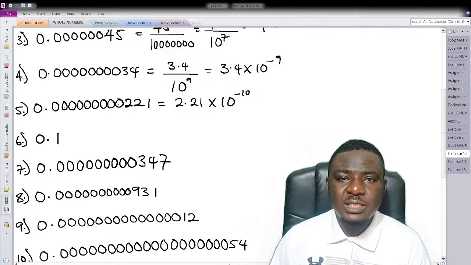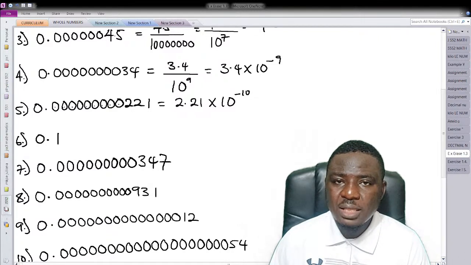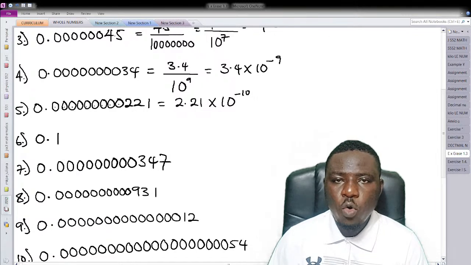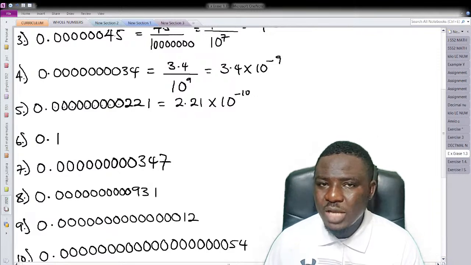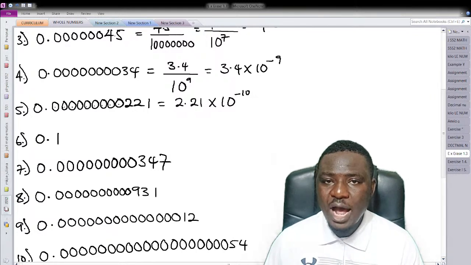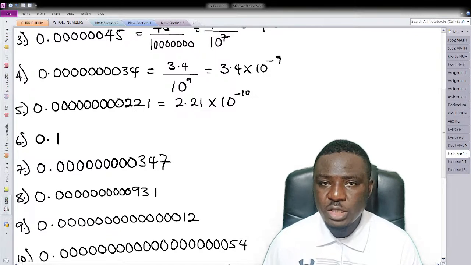Okay, it is not necessary to add the 0.0 to the whole number part. But I had to do that because there are some questions like that of question number 5 and question number 4 where you have a fraction and not a whole number.